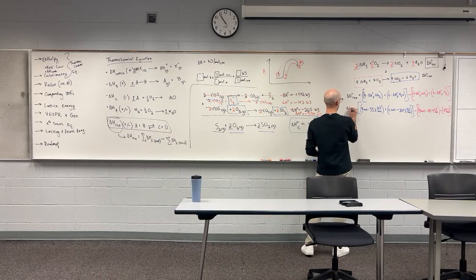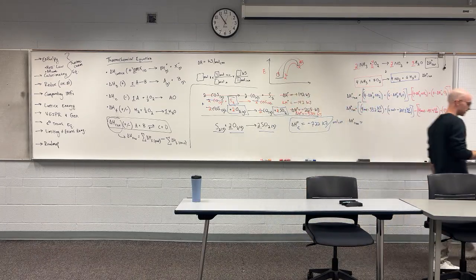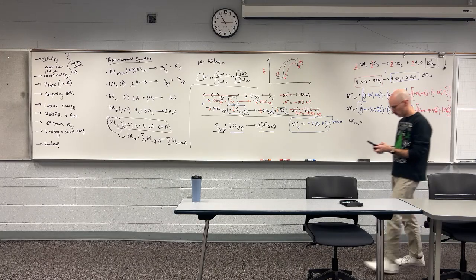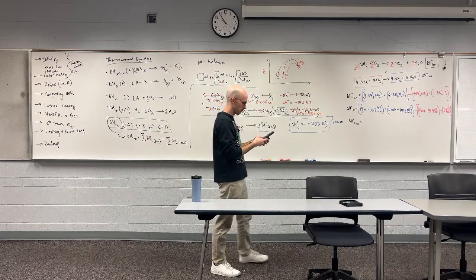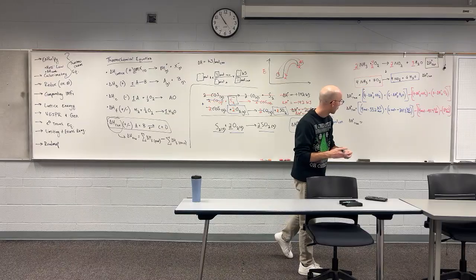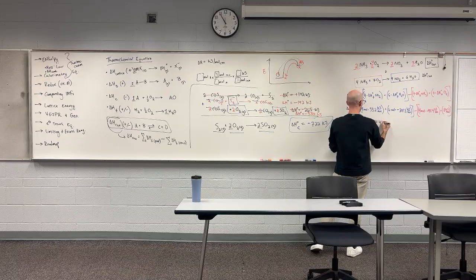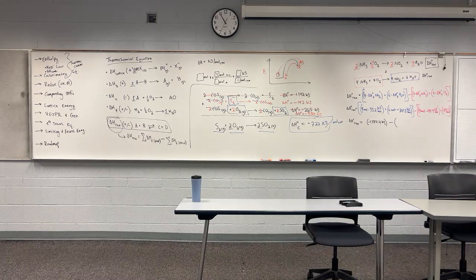From here, it's just a calculator exercise. $66.4 minus over 1,200 something. So here I get negative 1384.4 kilojoules for my products.